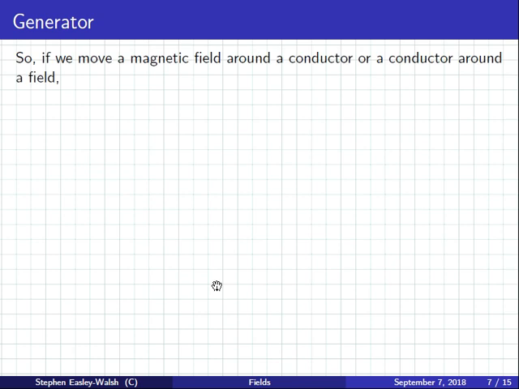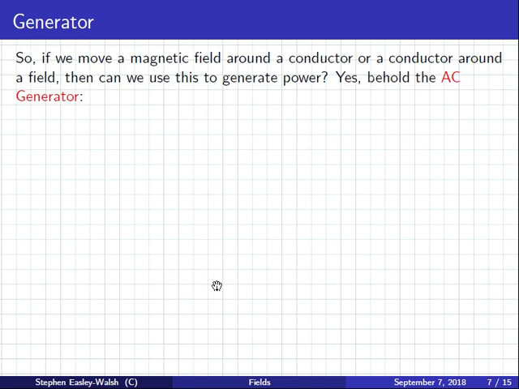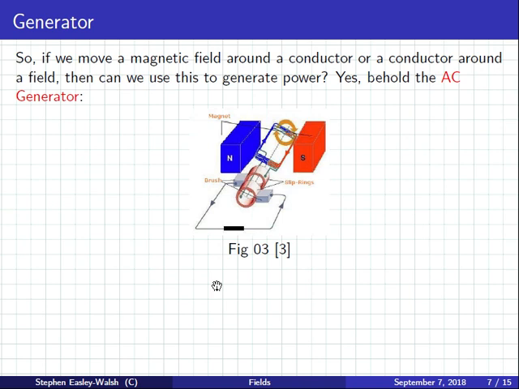So, if we move a magnetic field around a conductor or a conductor around the field, can we use this to generate power? Yes, we can. We have the AC generator. It looks a little bit like a DC motor, but it's a bit different. In the AC generator, you turn the wheel.